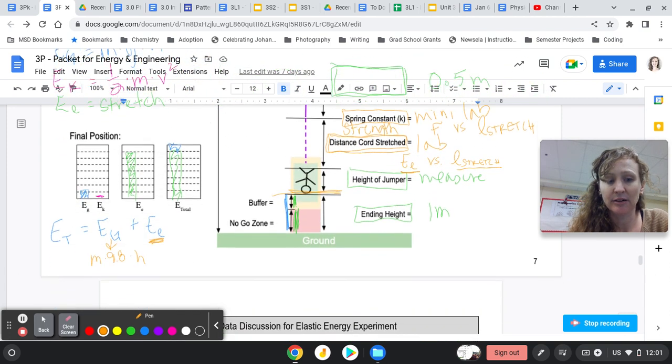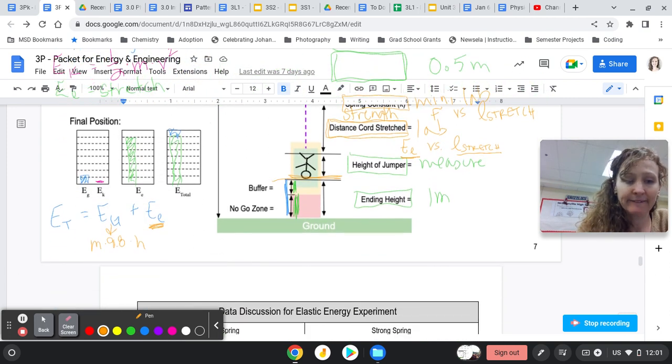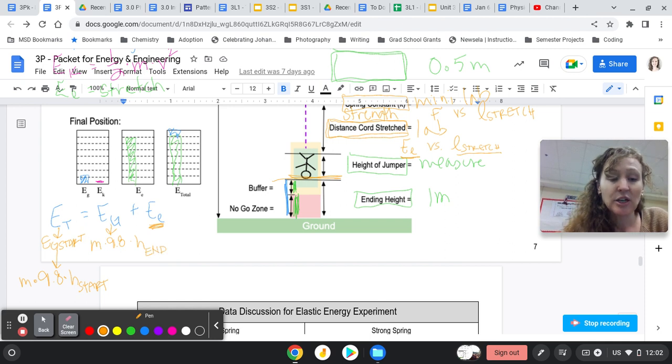So let me go back down. Again, this is going to be gravitational energy at the start, which is mass times the strength of gravity times the height at the start. Whereas this is height at the end.